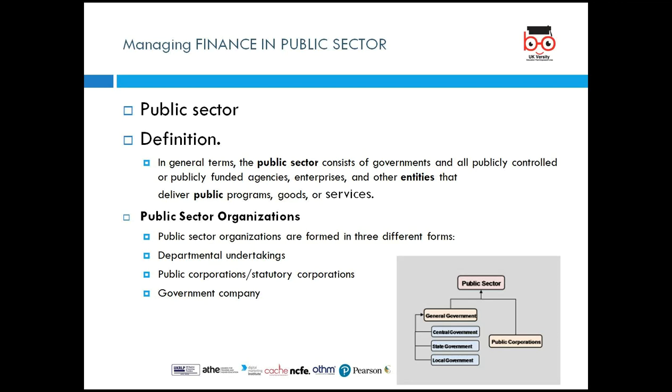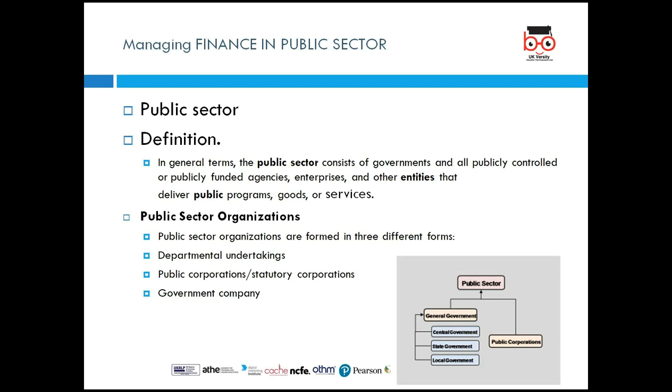If you look at the diagram at the right-hand side below, we have the public sector comprising the general government: the central government, the state government, and local government. All the institutions under them are more or less the public sector. And then we also have public corporations, organizations that are run by the government.